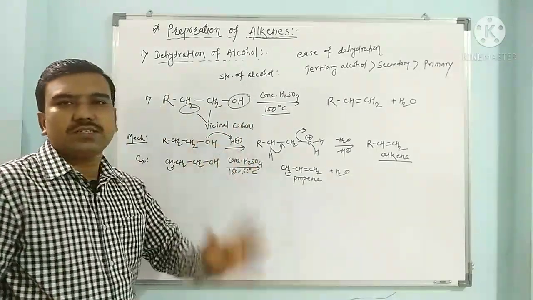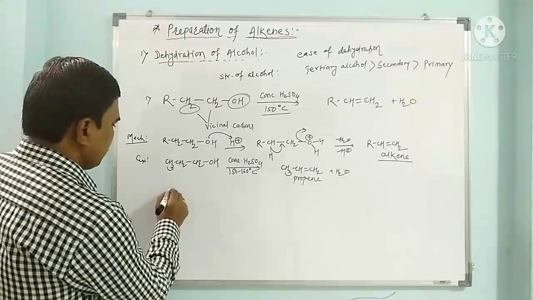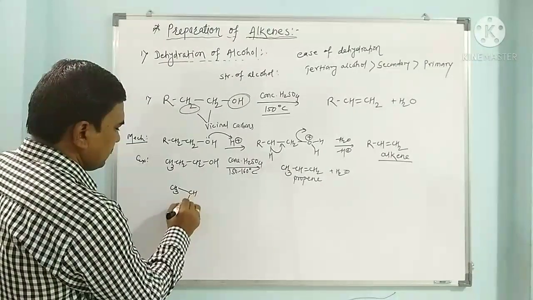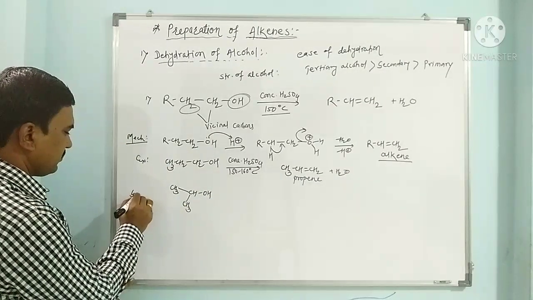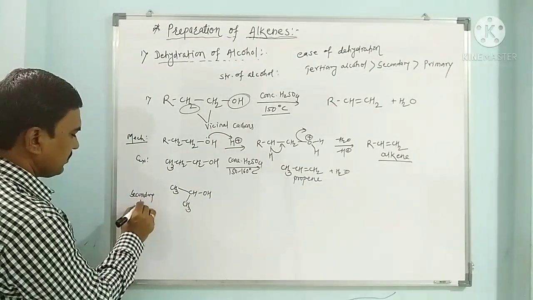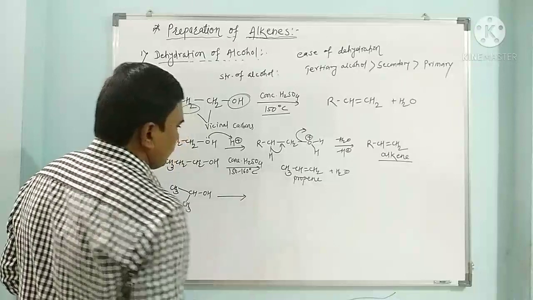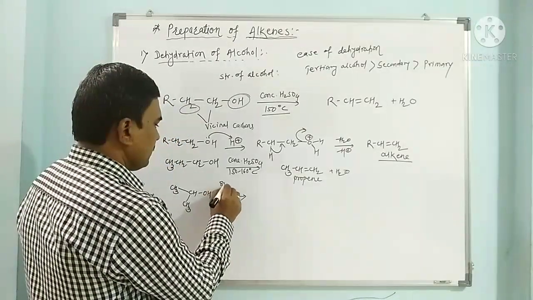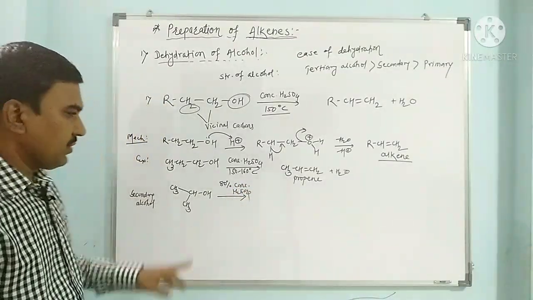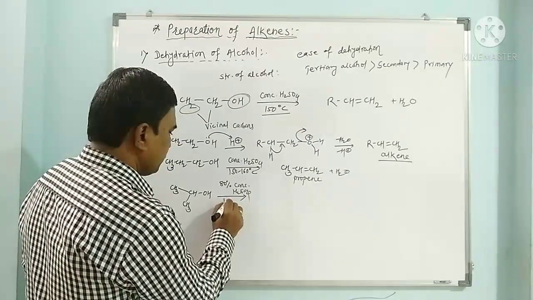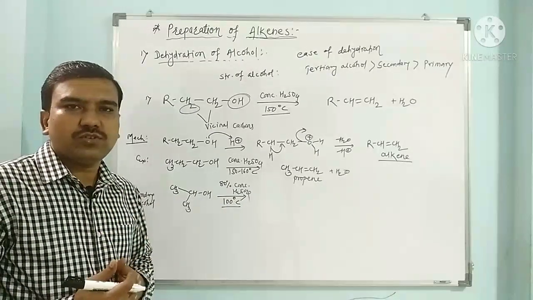Here we need concentrated sulfuric acid, but consider another example, CH3CHOHCH3. This is a secondary alcohol; the previous one was primary. When this secondary alcohol is treated with sulfuric acid, it needs only around 80% concentrated H2SO4 and a temperature of 100 degrees Celsius, because secondary alcohol has a higher ease of dehydration.